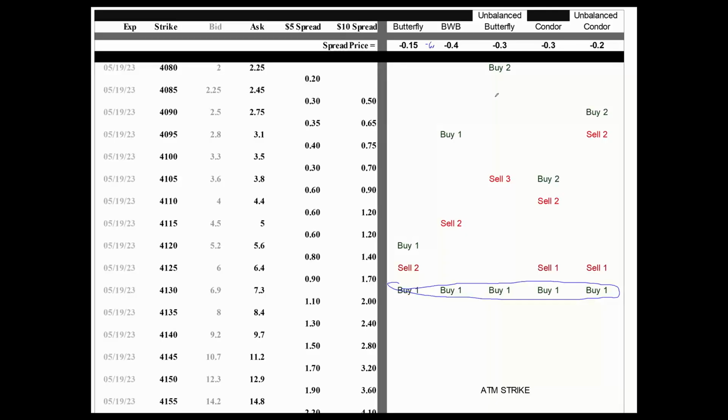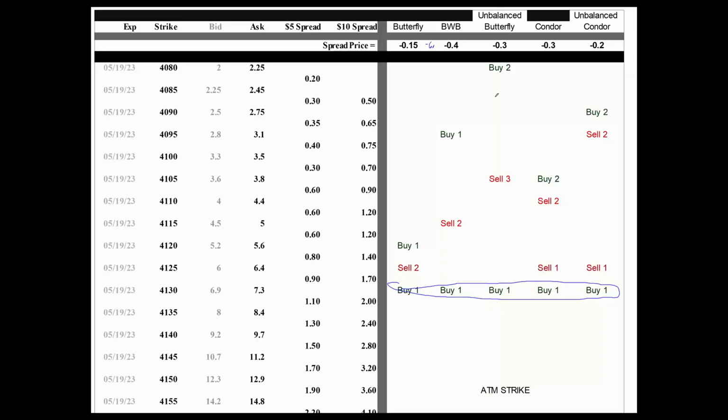This is really the criteria I use, and these should all feel familiar. You've seen me do butterflies for 10, 15 cents. You see me do BWBs from 0 to 40 cents. You see me do an unbalanced butterfly for 30-cent debits. You see me doing condors for 10, 20, 30 cents on a leg or 30 cents as a package.